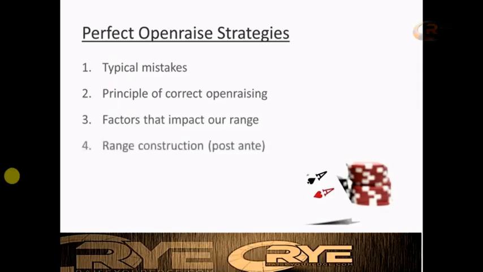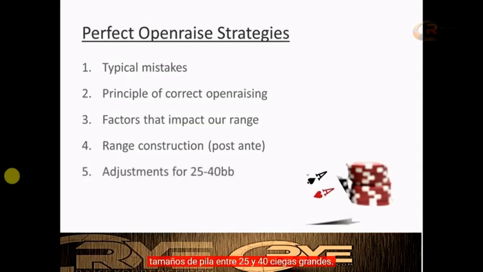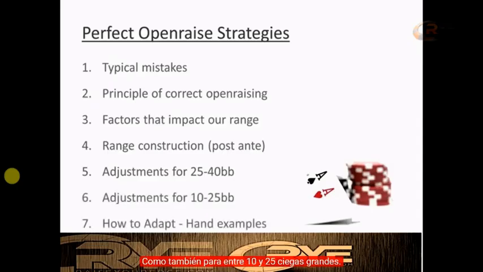We're also going to construct ranges for post ante. I'm going to give you adjustments for stack sizes between 25 and 40 big blinds, as well as for 10 to 25 big blinds. And not in this video, but in the second part, I'm going to show you real hand examples.